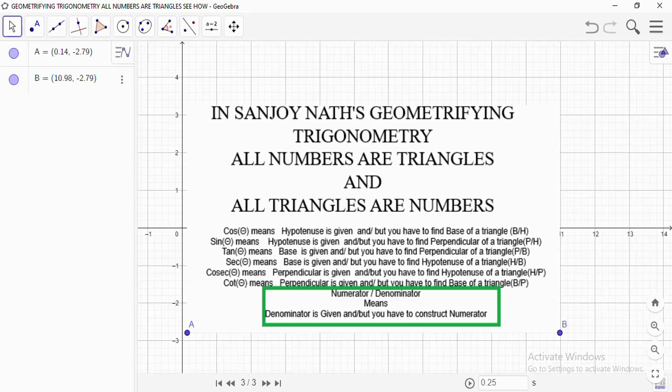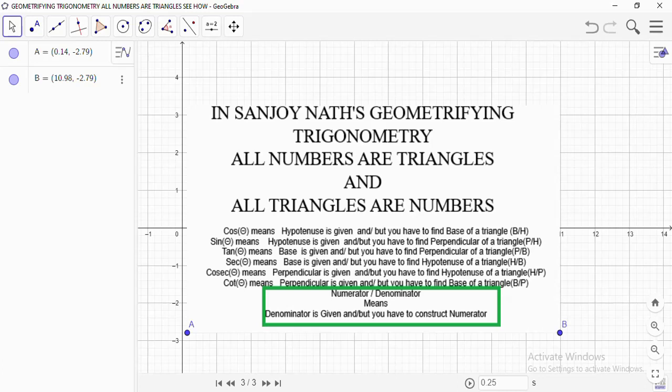We are generalizing it so that any kind of angle is possible in the triangle. Now a triangle has 3 sides. One is the input side. One line is already given and another line is constructed, and when the second line is constructed, the third line is also constructed as a byproduct.